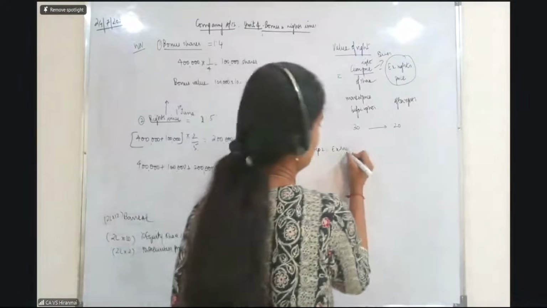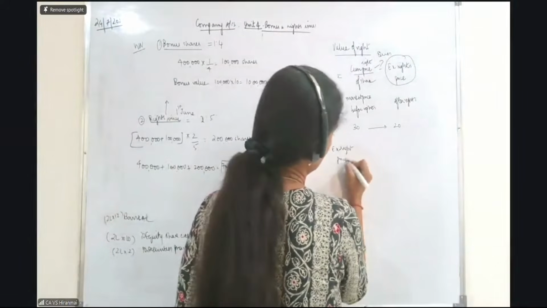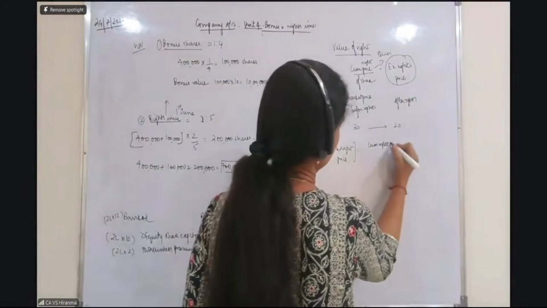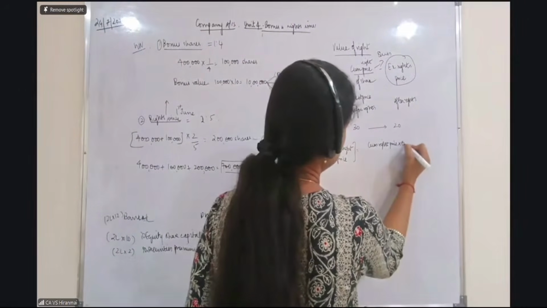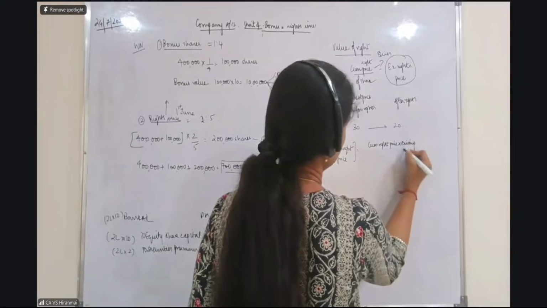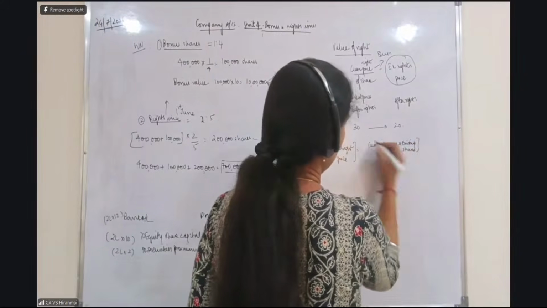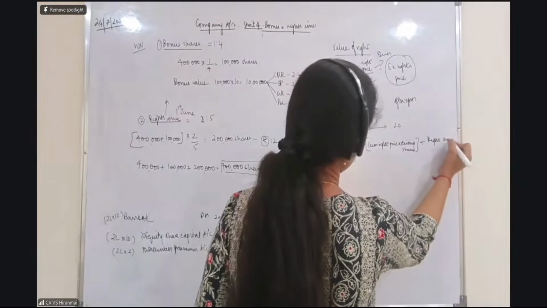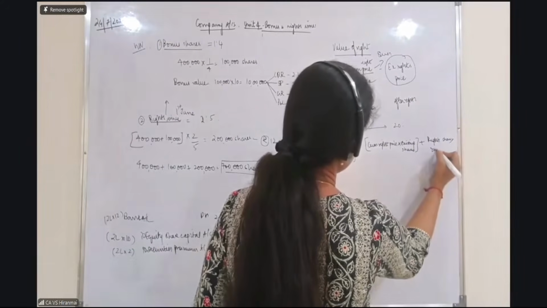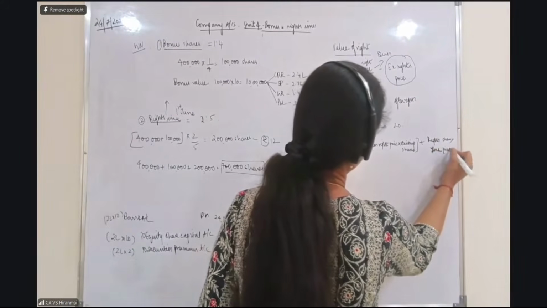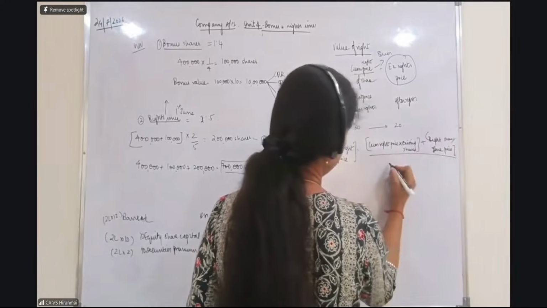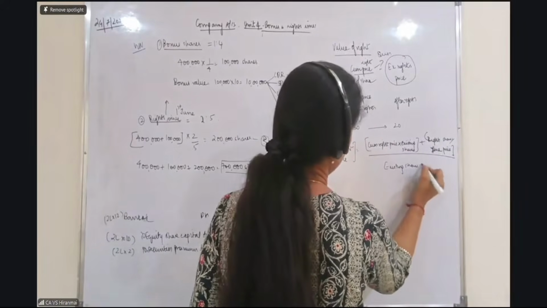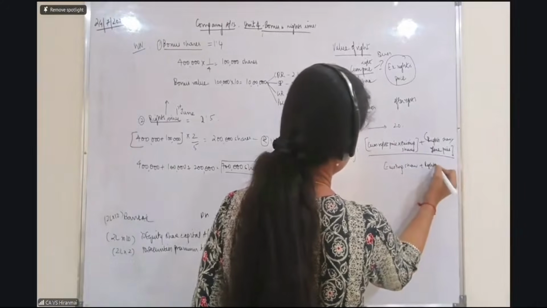So ex right price is equal to cum right price into existing shares plus rights shares into the issue price, divided by existing shares plus right shares.